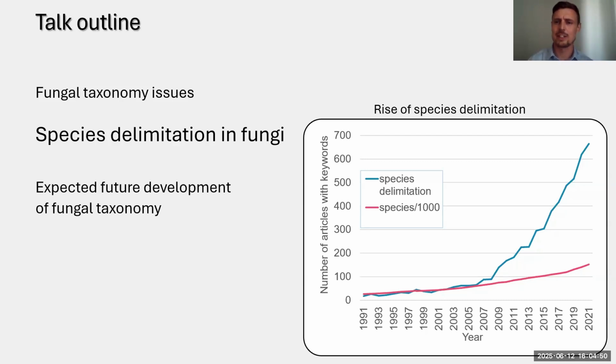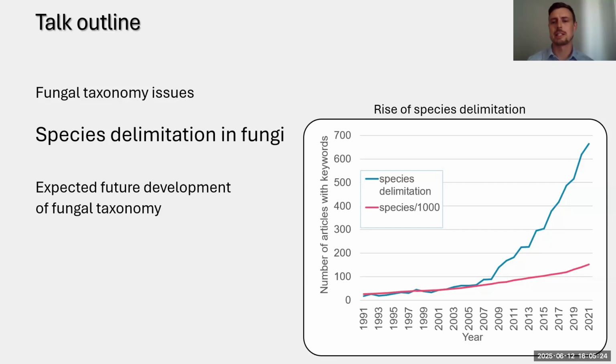This graph on this slide is something that I like to use for the introduction of my talks. It shows the growing interest in the species delimitation topic and using these species delimitation tools over the past, let's say, 20 years. Of course, during this time, the number of publications is rising in all areas.